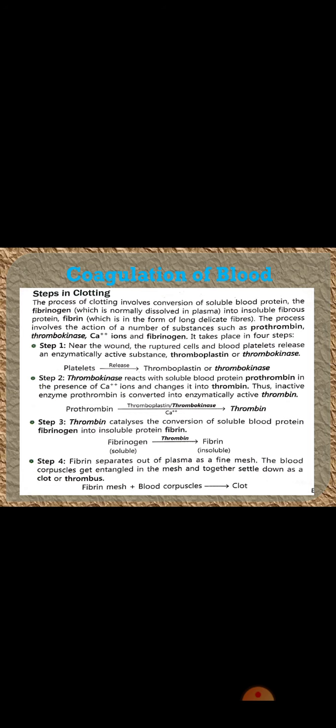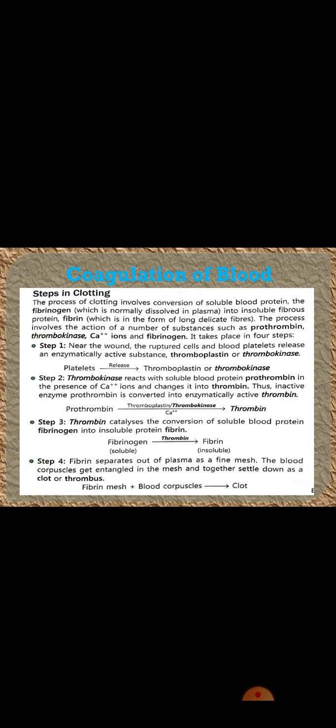Now the manufactured thrombokinase converts prothrombin in the presence of calcium ions into thrombin, and thrombin catalyzes the conversion of soluble blood protein fibrinogen into insoluble protein fibrin, and the fibrin at last separates out of plasma as a fine mesh, and the blood corpuscles get entangled in the mesh and together settle down as a clot or thrombus.